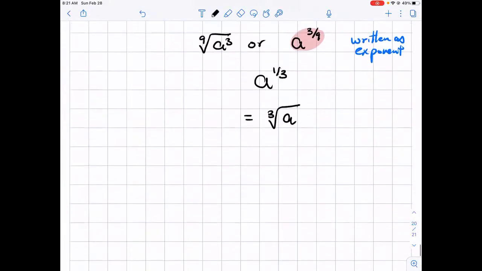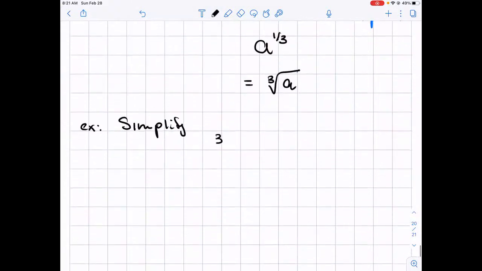Now, when we have one root, things are straightforward. But what if we have the cube root, and then the square root of, let's say, 125? Well, there was a property that I showed at the beginning of this video, that two roots can be multiplied.